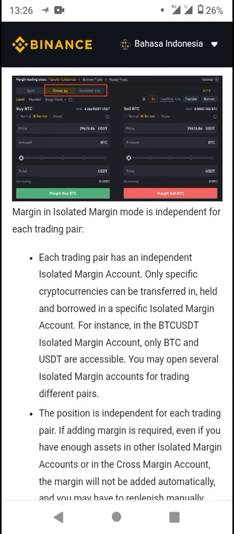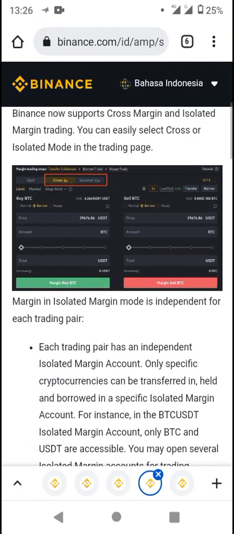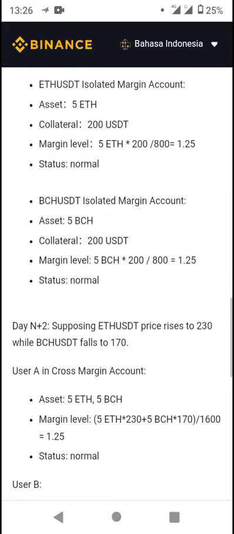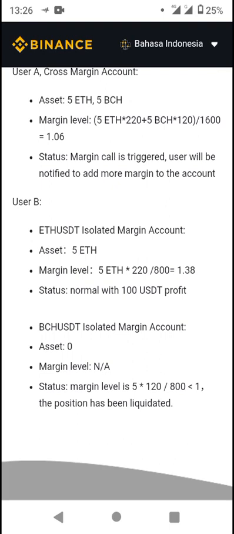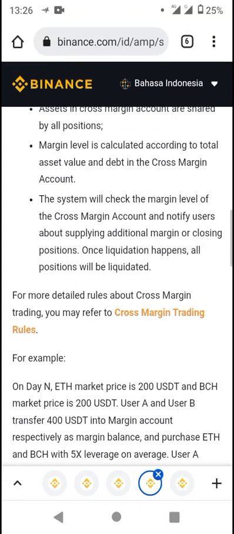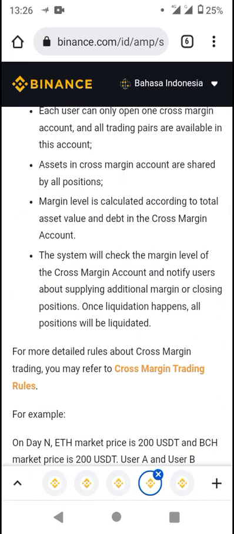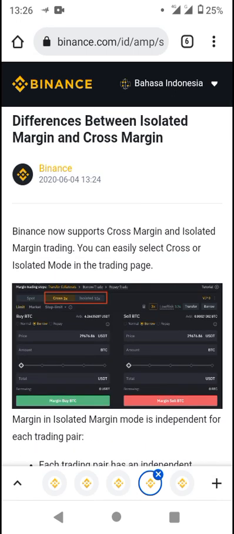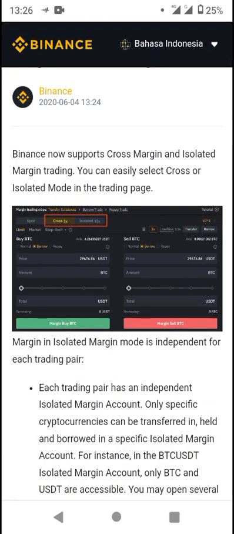Users can get up to 10x leverage when utilizing the isolated margin mode. Also, take note that both Binance cross margin trading and Binance isolated margin trading are made possible on the Binance margin platform.